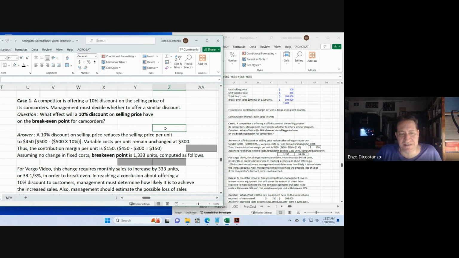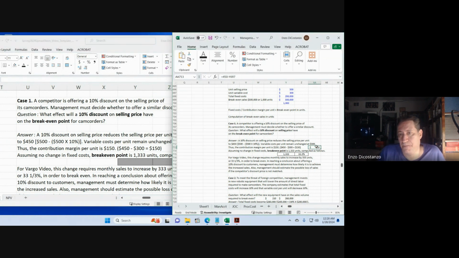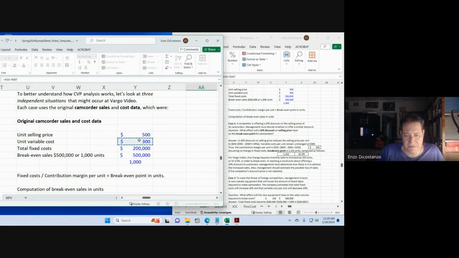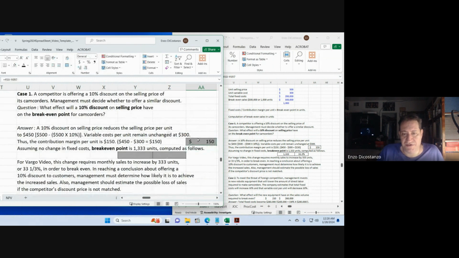A 10% discount means instead of $500 per unit, it's going to be $450. Variable costs aren't going to be changed. So the margin now is $150, no longer $200. So that's 450 minus your 300.